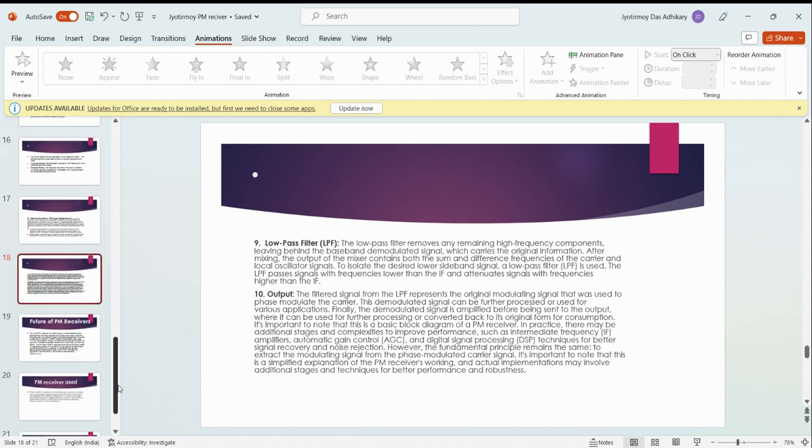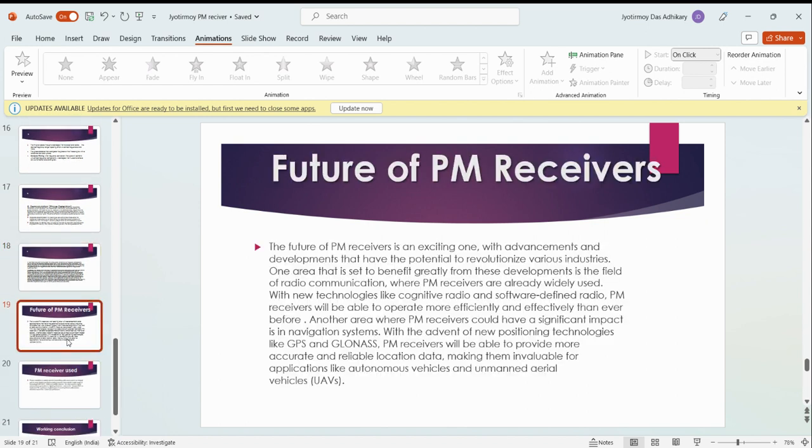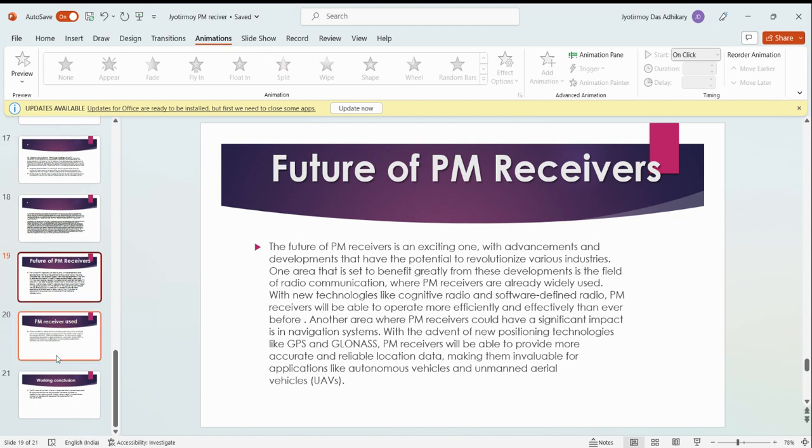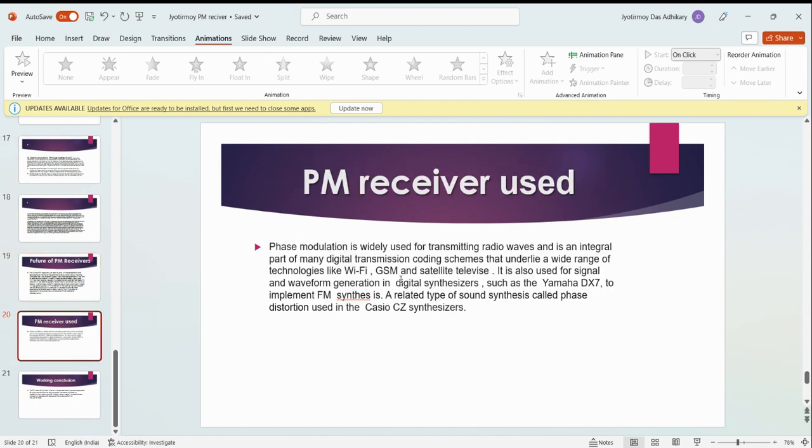Features of PM receiver. The PM receiver is an exciting advancement and development that has the potential to revolutionize various industries. The areas that are beneficial are GPS, and also PM receivers use phase modulation in Wi-Fi, GSM, and satellite traffic.